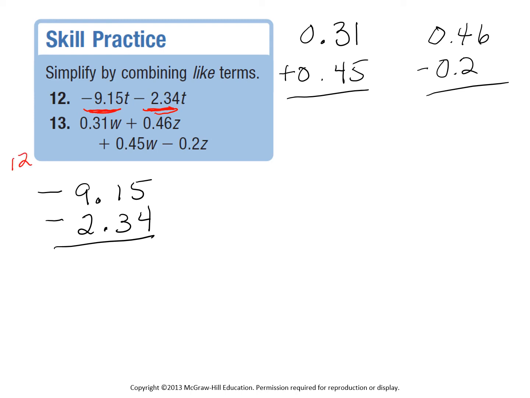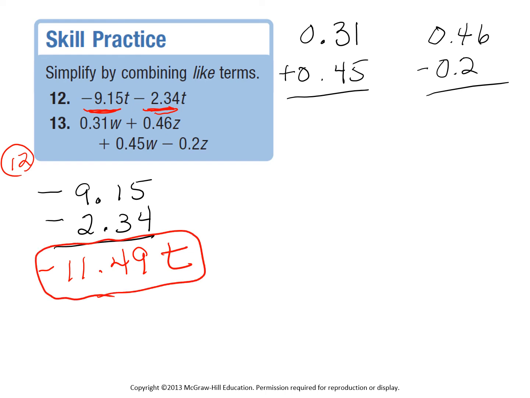So I'm going to look at negative 9.15 minus 2.34. So the signs are the same. So I'm going to add and keep the sign. So I have negative 11.49t. So we combine the coefficients and we keep the variable part t.